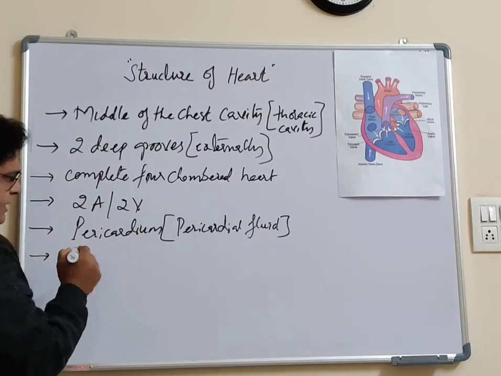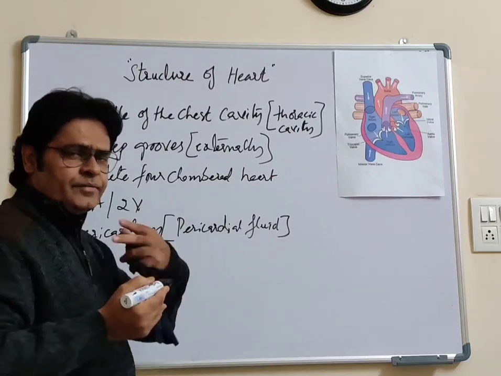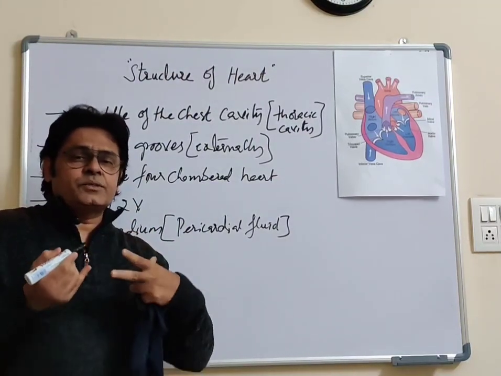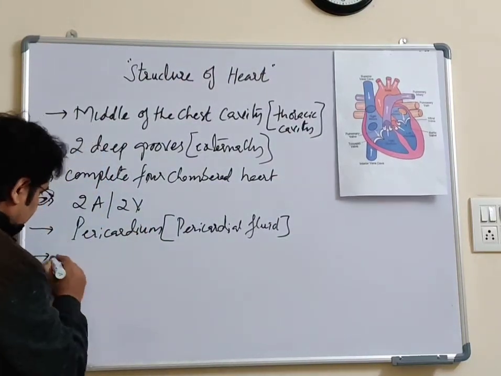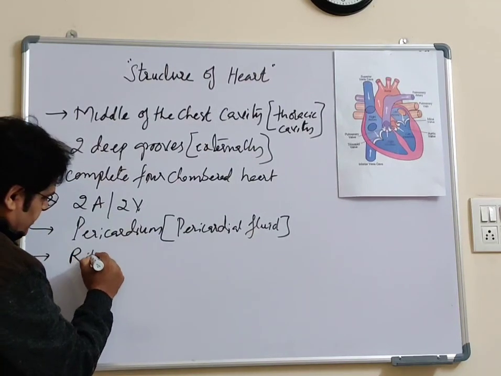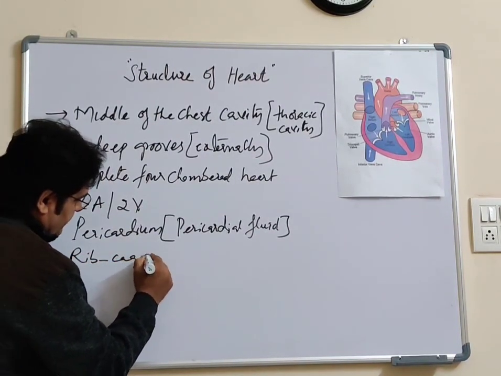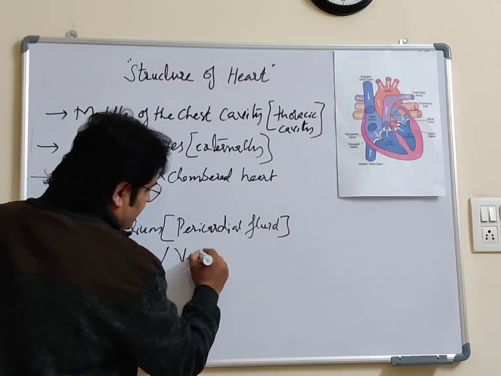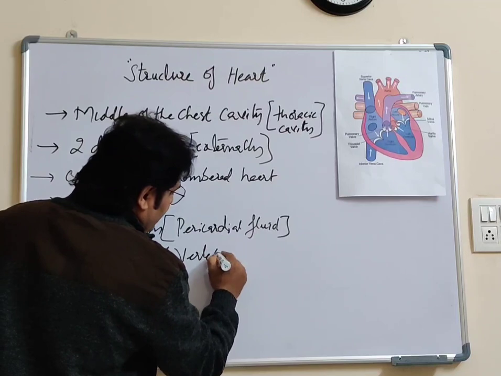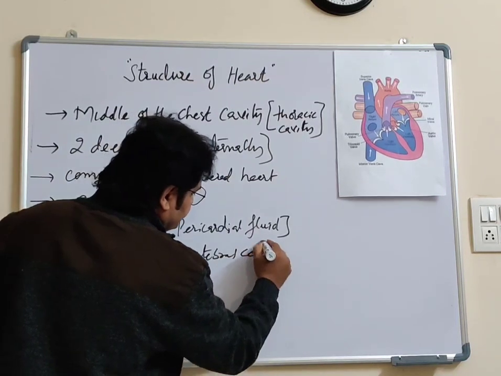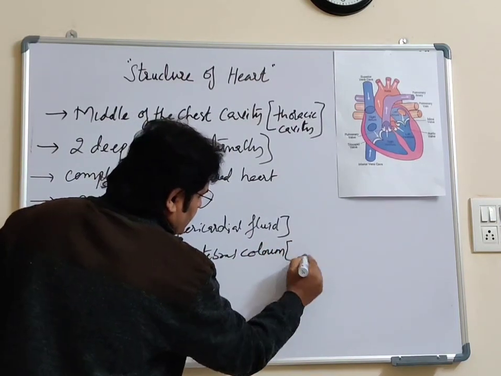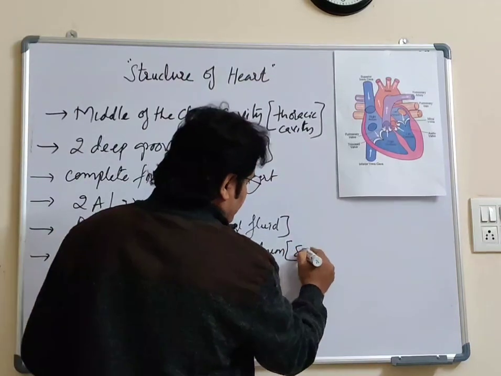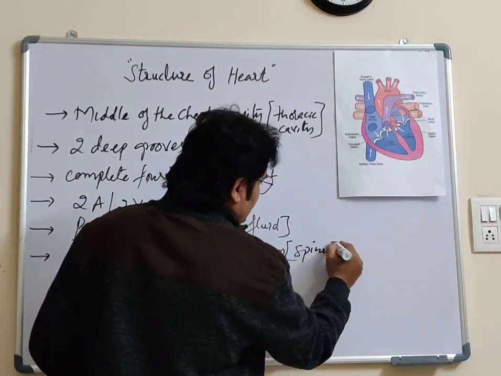Next one: from the front side, the heart is protected by the rib cage. And from the back side, the heart is protected by the vertebral column, or simply you can say spinal cord.